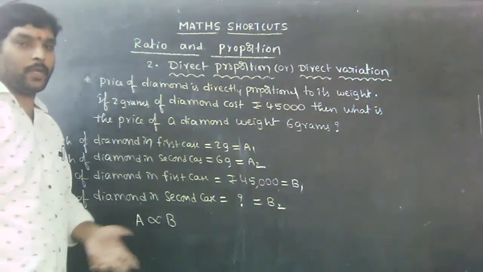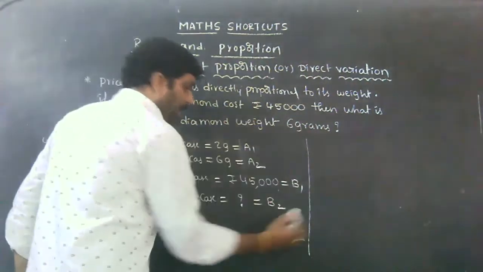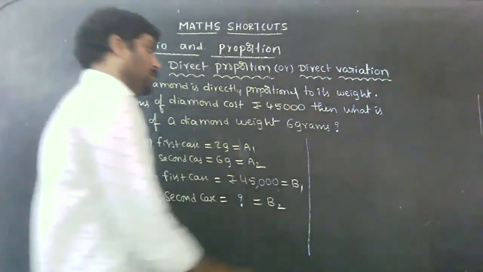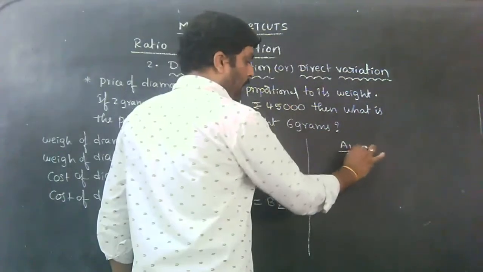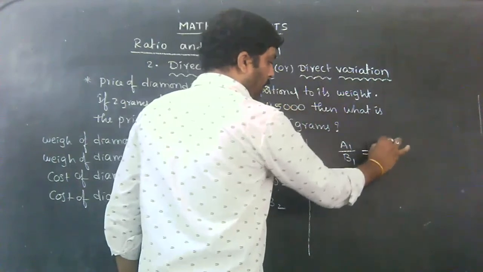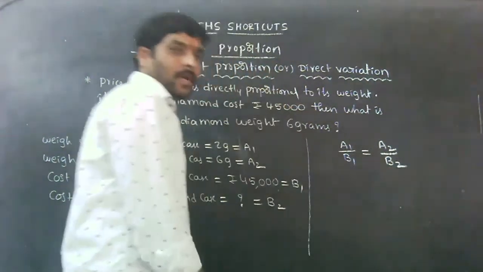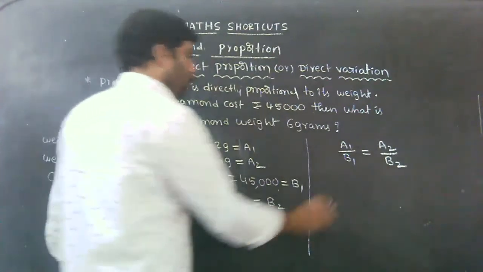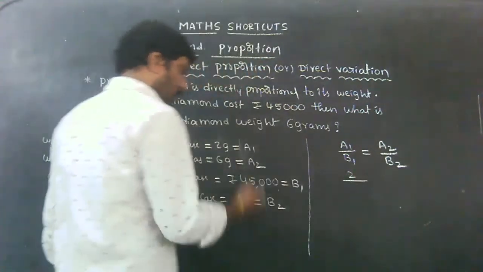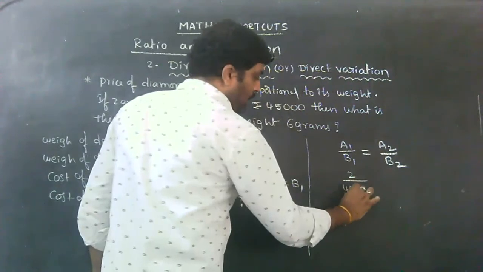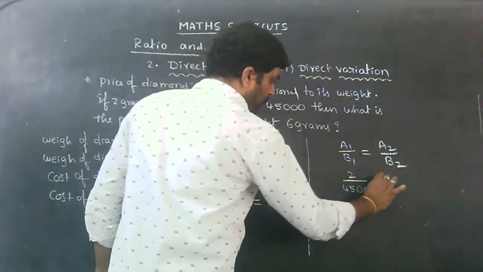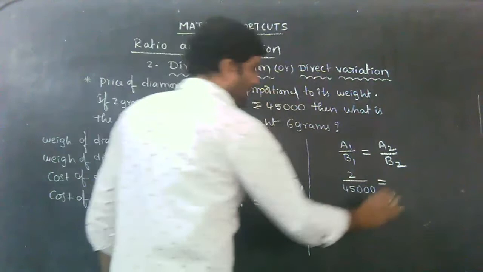Now already we know the condition. What is the condition? A1 by B1 equal to A2 by B2. It is the easiest method. What is A1 here? 2. What is B1? 45,000. A2 is 6.